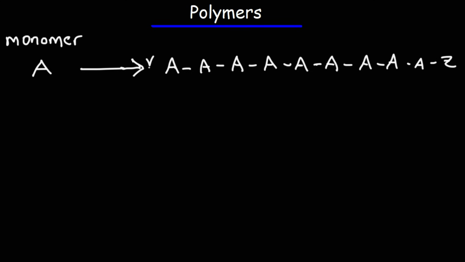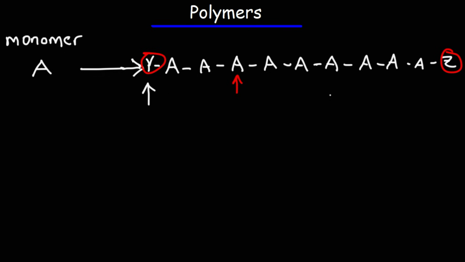What you need to know is that when a polymer is very large, it is the repeating units that determine the physical properties of the polymer. If you have 10,000 of these A units, the identity of Y and Z, the end parts of the polymer, won't matter as much. So it's really the repeating unit in the middle that will determine the physical properties of the polymer.